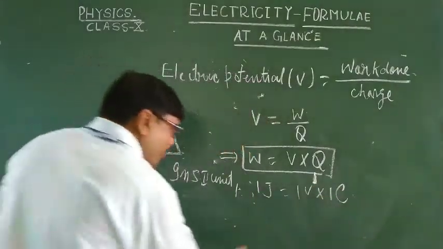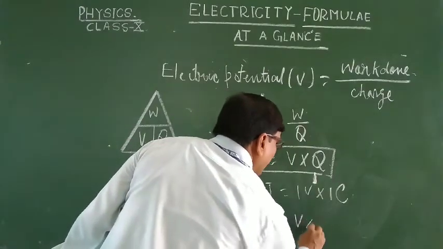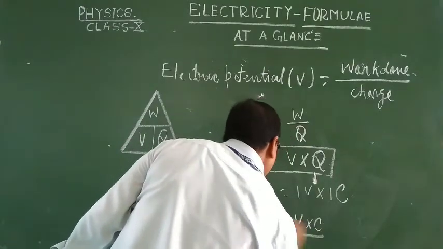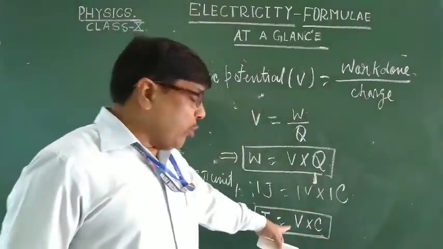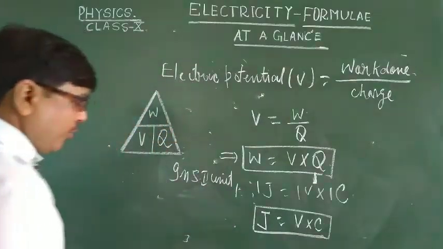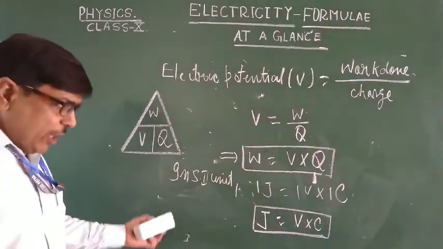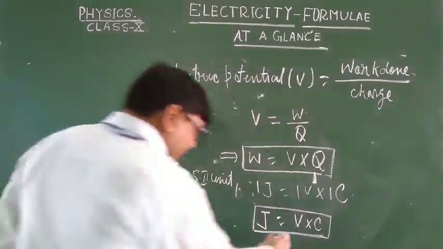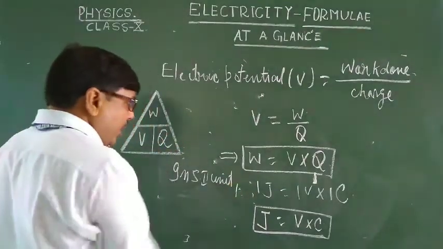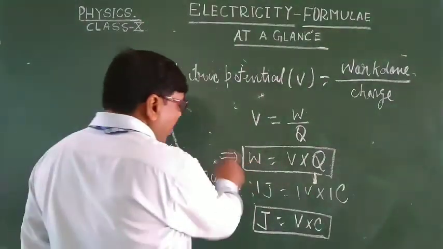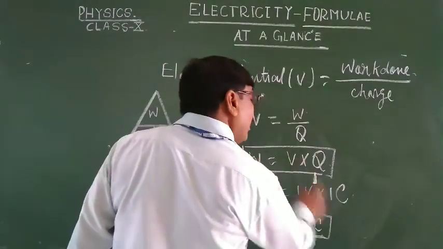1 volt into 1 coulomb. So now joule is equal to 1 volt into coulomb. This is the relation between the great scientists, joule, volt and coulomb. So this is one formula: W is equal to V into Q. We can also change this formula.